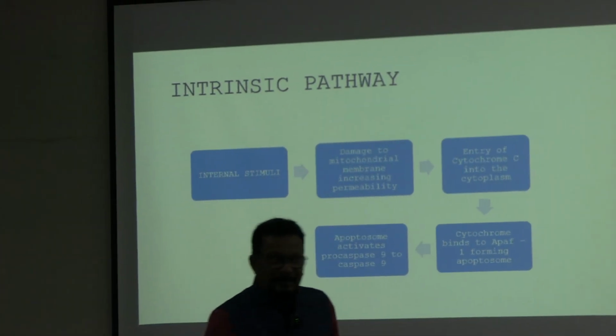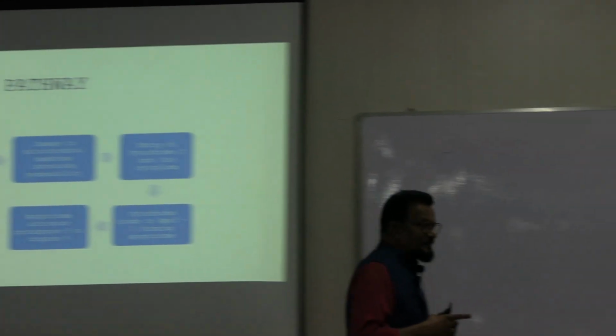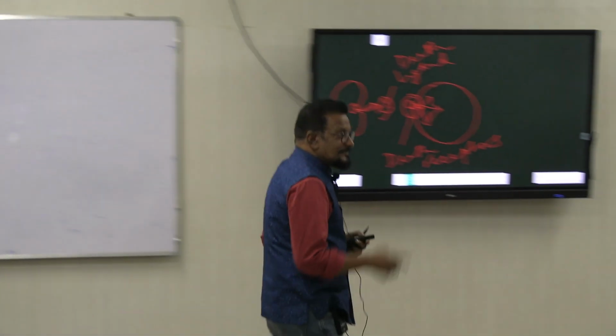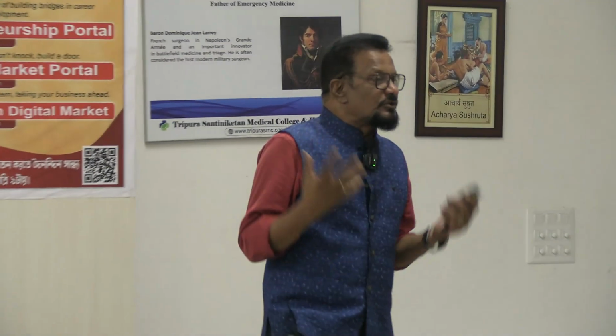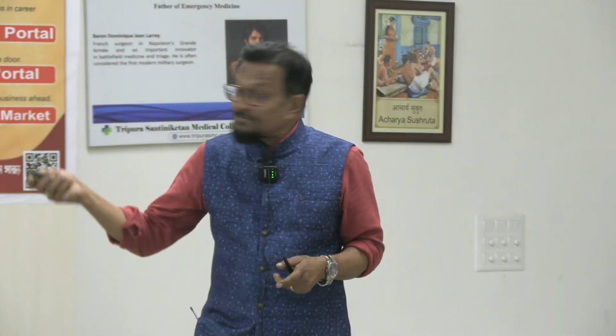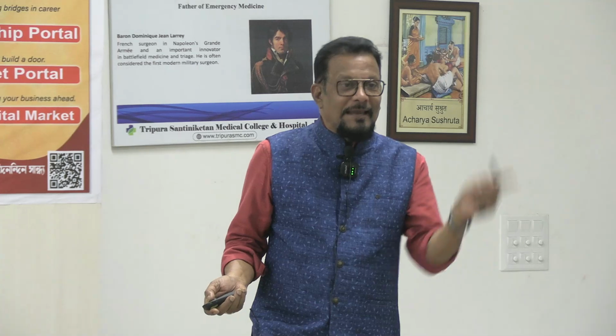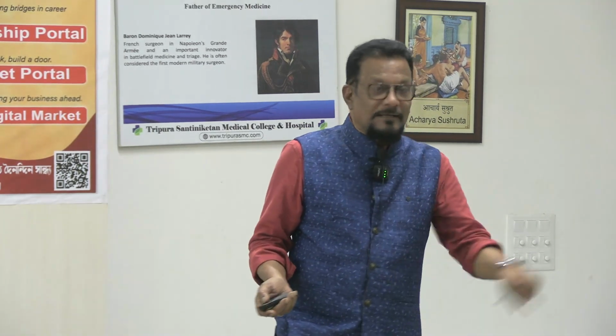Within the mitochondria there are various cytochrome enzymes: cytochrome A, cytochrome B, cytochrome C. These are all oxidative enzymes, the enzymes of the electron transport chain. Since permeability changes, some cytochrome C will come out from the mitochondria and enter the cell cytoplasm.